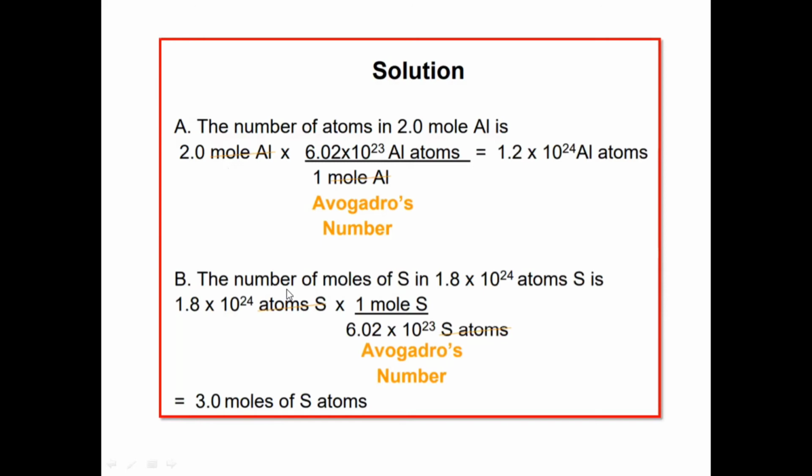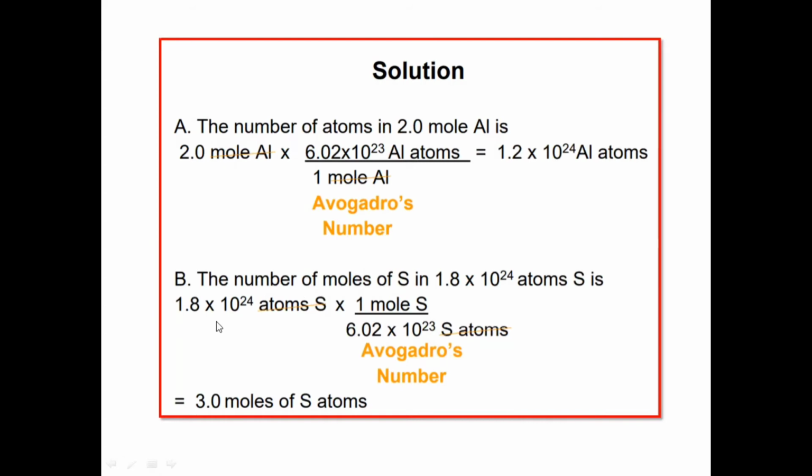The second is how many moles of sulfur are in 1.8 into 10 raised to 24 atoms of sulfur. How many moles of sulfur will be there in this quantity of atoms? Here the quantity of atoms is given, 1.8 into 10 raised to 24. So you can also calculate the number of moles from a given quantity of atoms.